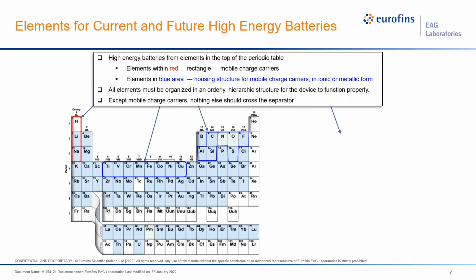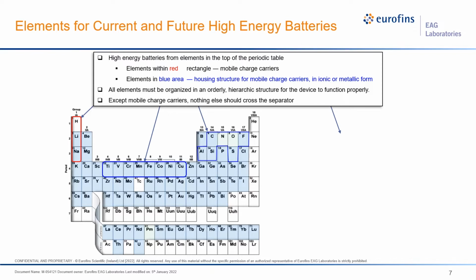While those in the blue areas, including carbon, silicon, and sulfur, provide the ideal anode material to host the metallic form of their mobile charges, others like oxygen, fluorine, and the transition metals create lithium transition metal oxides or modified fluoride structures to provide the host structure for lithium ions going in and out.